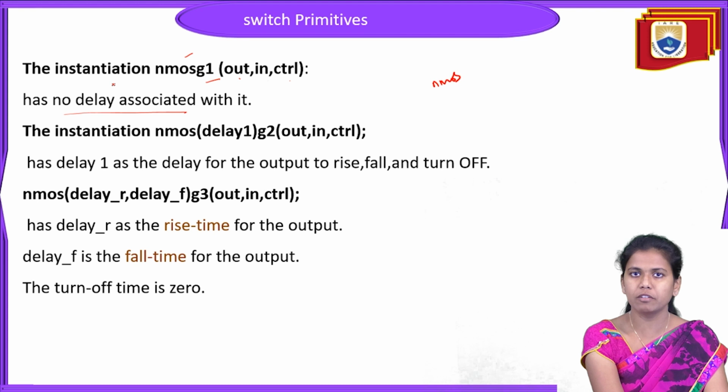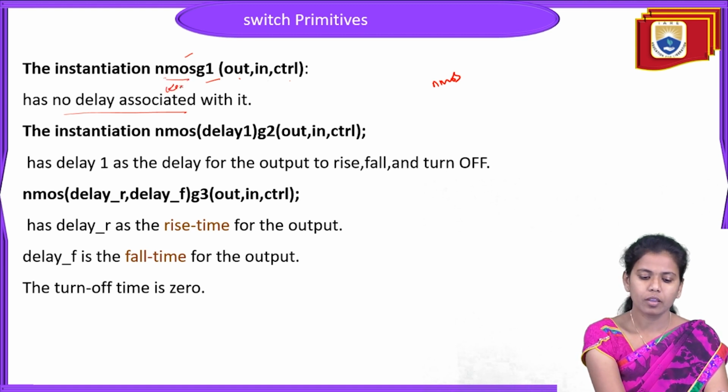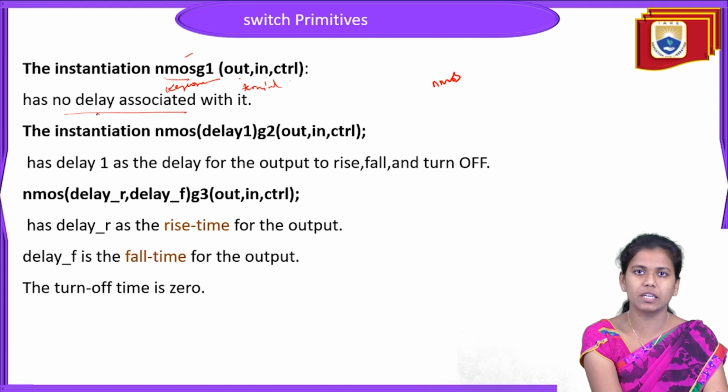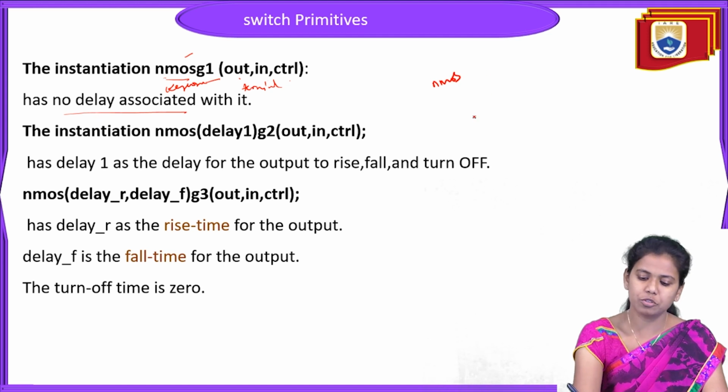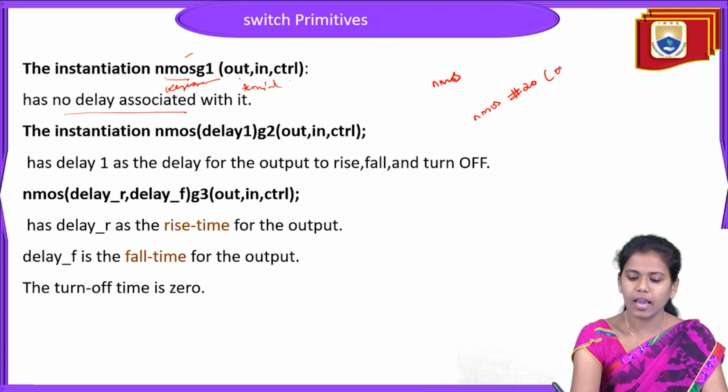So if you observe this basic NMOS transistor switch, you will see only the keyword followed with the terminal list. Here we don't see any kind of delay representation. How will we see the delay representation? For example, NMOS hash 20 and out, in and control.